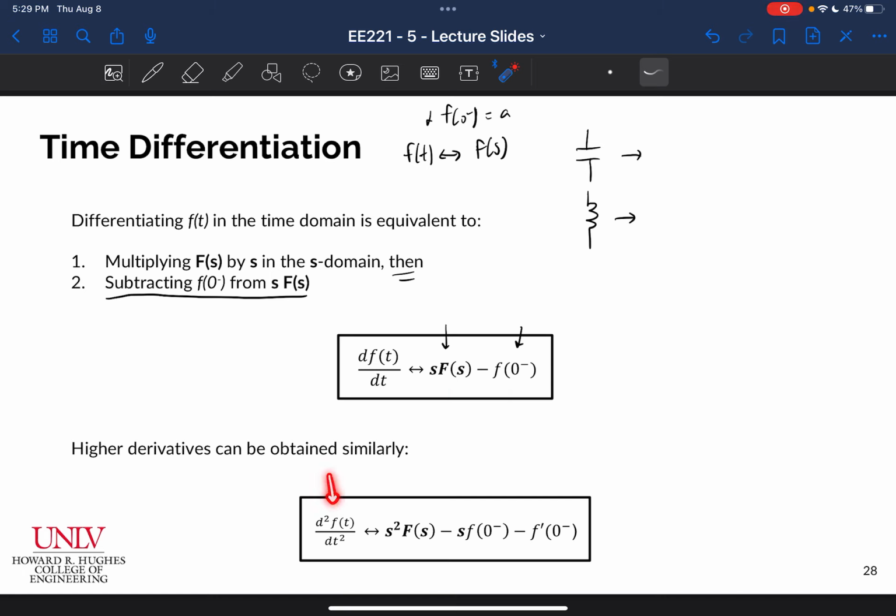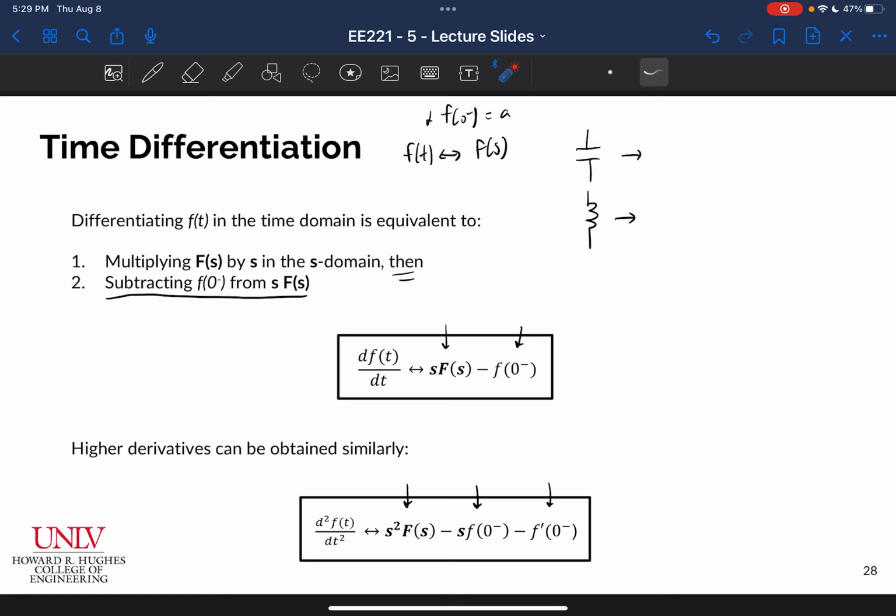Taking the second derivative results in multiplying by s squared minus s times our initial condition minus the derivative of our initial condition. And so this is basically a quadratic equation coming into the S domain when we take the second derivative of our function and then take the Laplace transform of that.